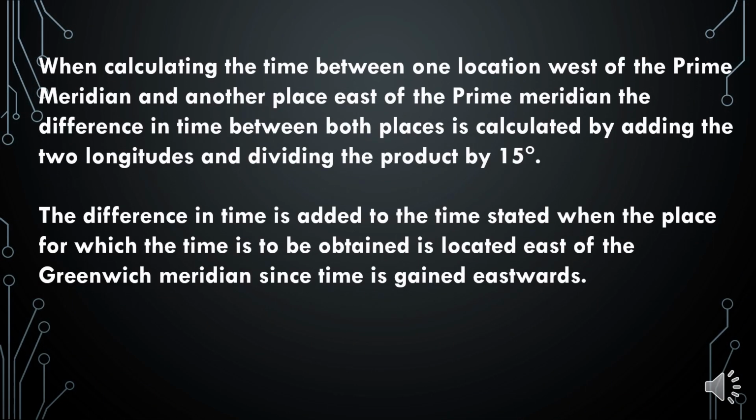When calculating the time between one location west of the prime meridian and another place east of the prime meridian, the difference in time between both places is calculated by adding the two longitudes and dividing the product by 15. The difference in time is added to the time stated when the place for which the time is to be obtained is located east of the Greenwich meridian, since time is gained eastwards.